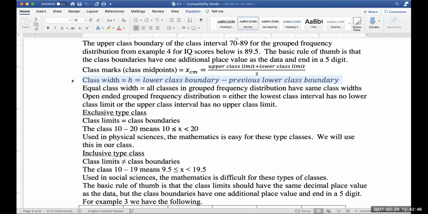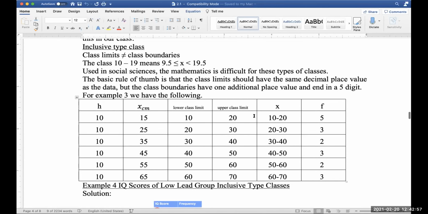The class width is the lower class boundary minus the previous lower class boundary. And so the class width here, 30 minus 20, is 10.